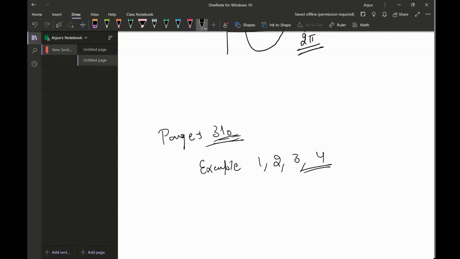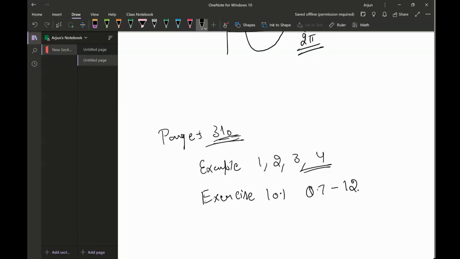On page 312, exercise 10.1, try and solve questions 7 to 12.